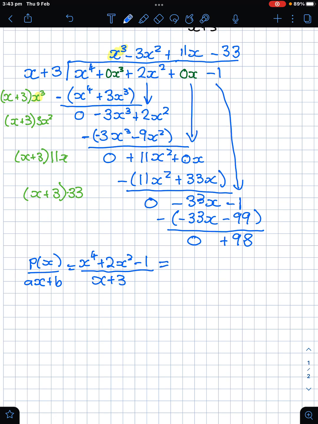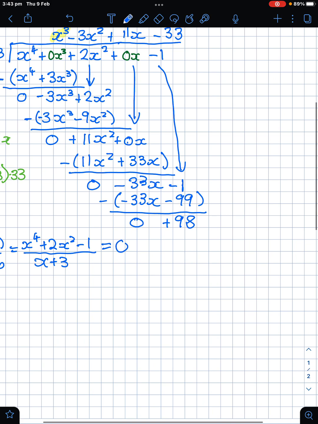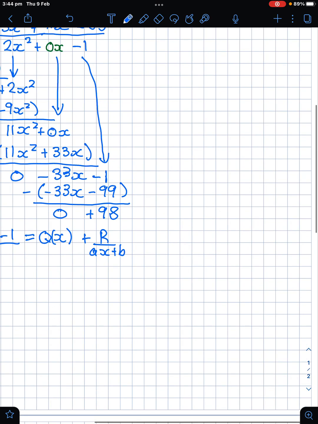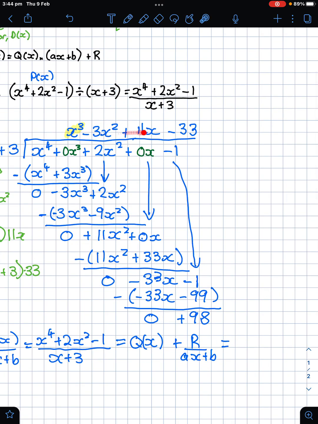And this equals, if we go back up here, we're looking at our qx, our quotient, so qx plus r over ax plus b. And this is going to be our quotient, this value we've got up here.